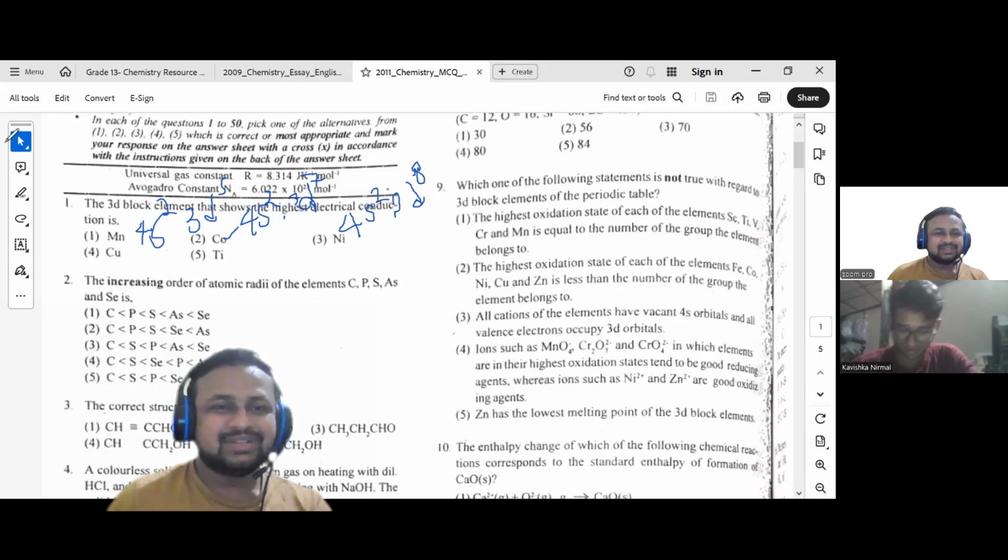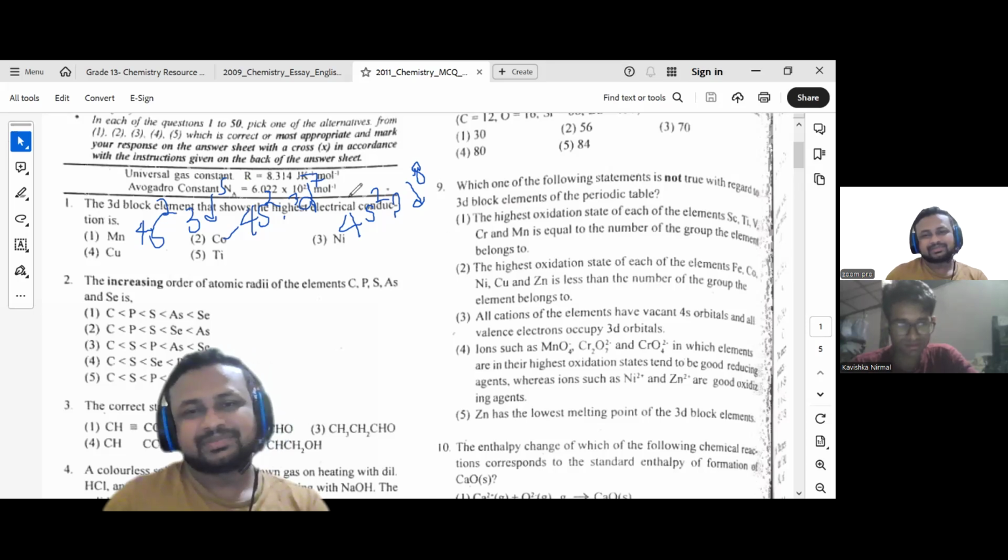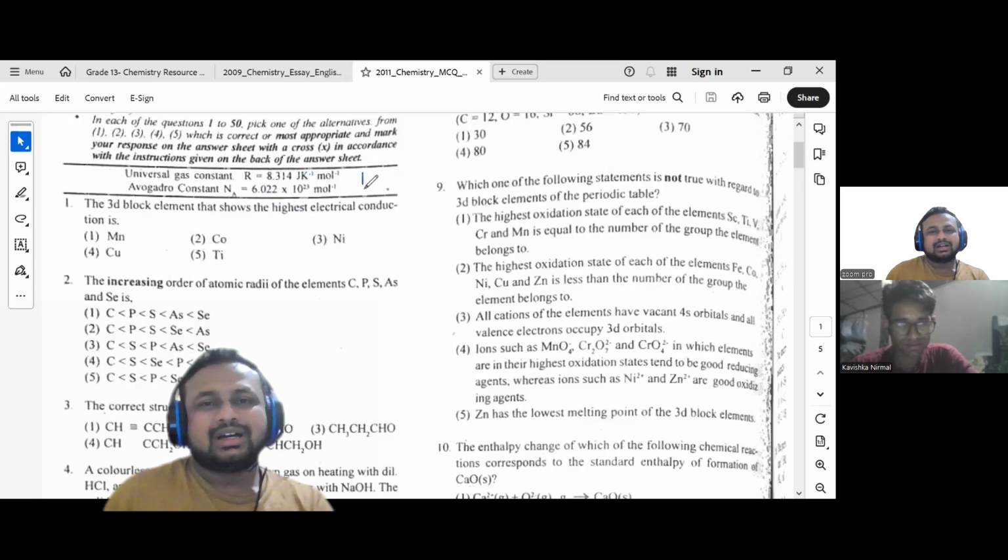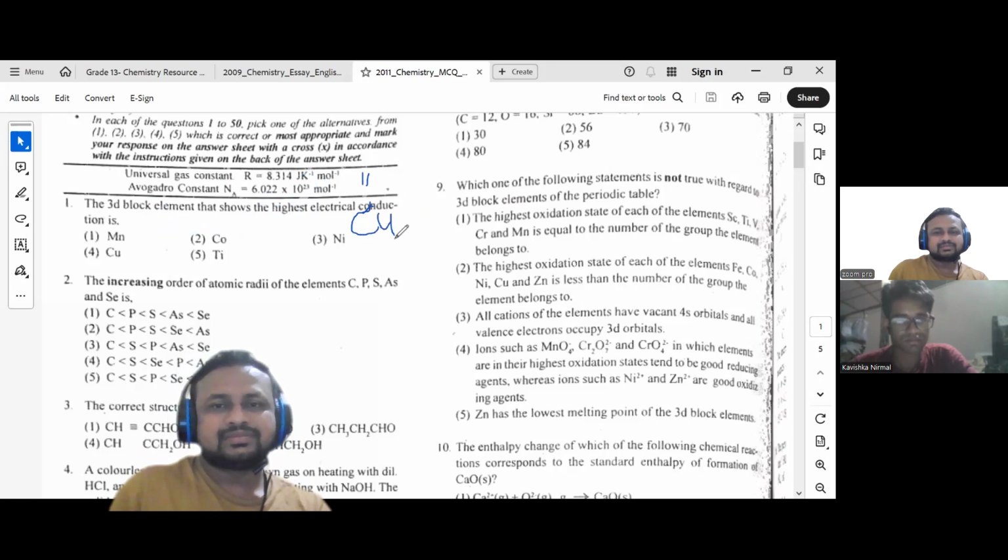And then I want you to know these things. In group number 11 of the periodic table, the first element is copper, the 3D element, then the 4D element silver, and the third, gold.